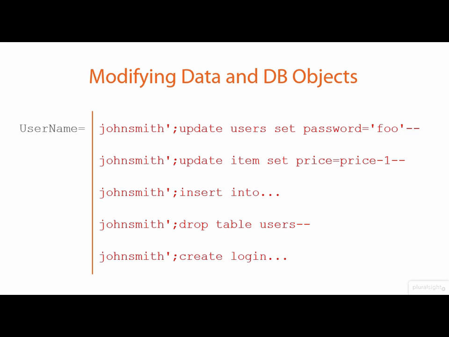And a final one. What if we did this? So actually creating logins. So now we can start to talk about privilege escalation. Because if you can create a login to the database and assign it rights, you can now create a backdoor for the attacker to just get direct access to the database. Why go through the web application and have to do all this hard work on SQL injection if they can just go straight into the database?